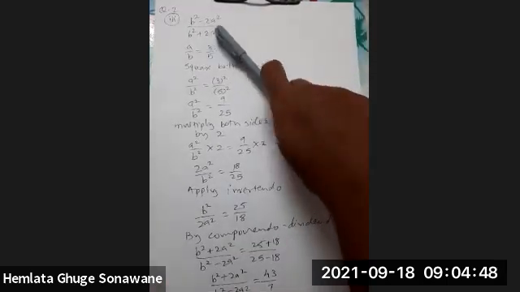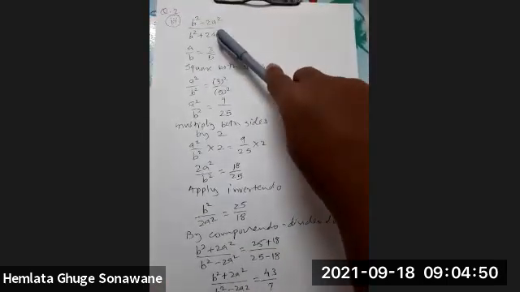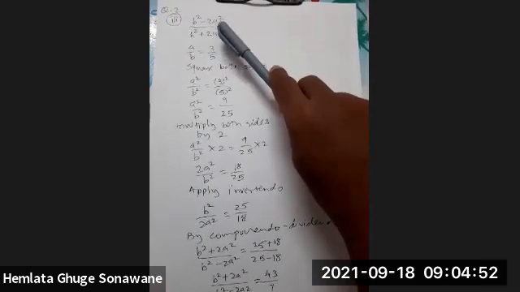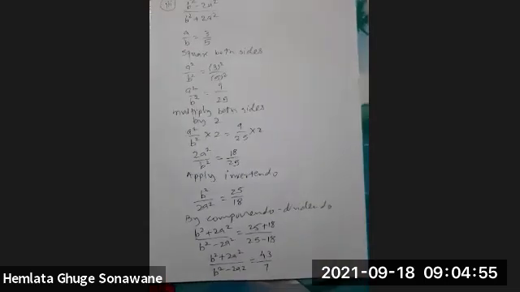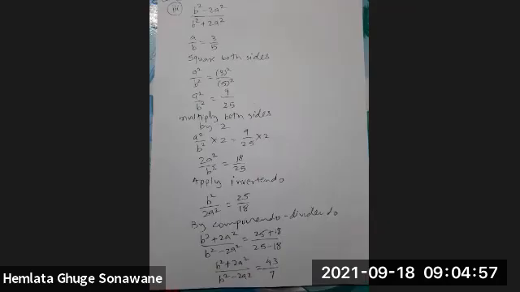Okay. Now we can see here we have got b square plus 2a square upon b square minus 2a square. Here we have to find out the ratio for b square minus 2a square upon b square plus 2a square. So here we'll apply the property of invertendo.